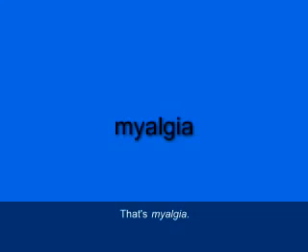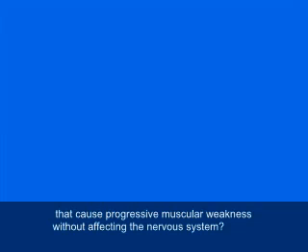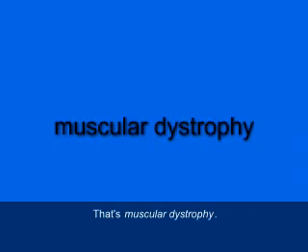That's myalgia. What is the term for a group of genetic disorders that cause progressive muscular weakness without affecting the nervous system? That's muscular dystrophy.